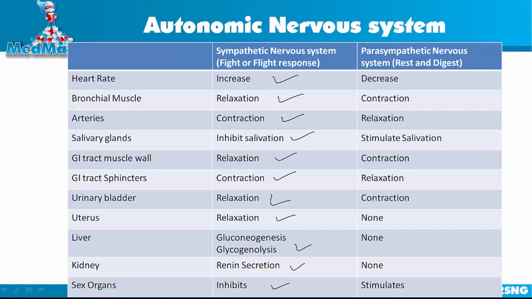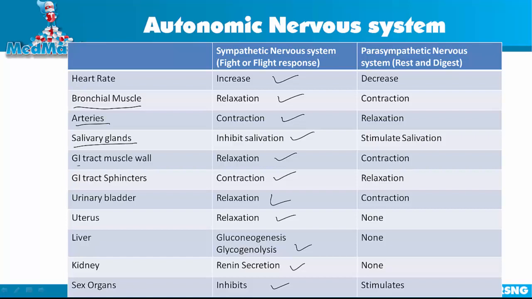The bronchial muscles are going to relax because your lungs need more air, more oxygen. The airway is going to be a little more dilated, so your lungs can get more air. Arteries are going to contract, so your blood pressure is going to go up, and that's how the skeletal muscles, which you're most probably going to use in the fight or flight response, can get more blood.